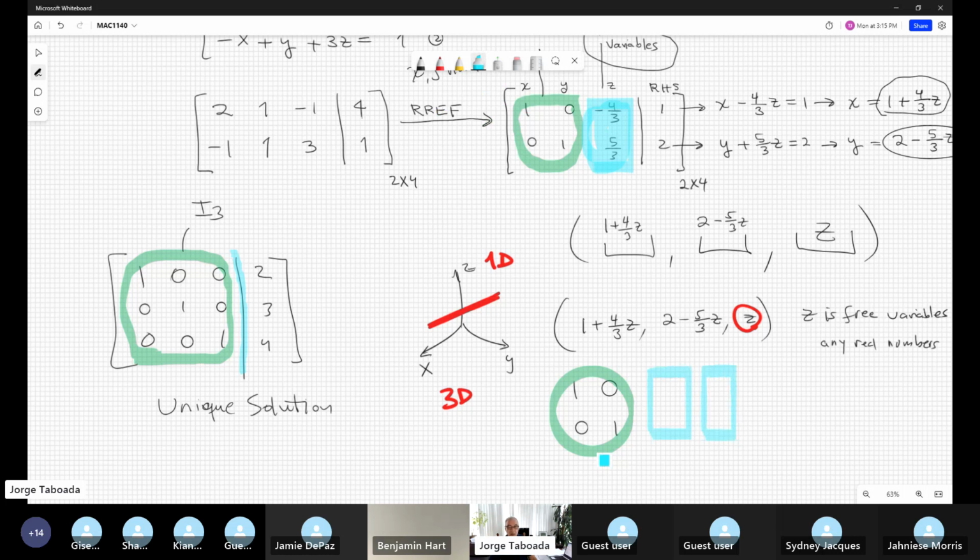This is X, this is Y, this is Z, and maybe this is W. So in this case, we have two free variables, Z and W. Of course, this solution lives in the four-dimensional context, however, having two free variables, it represents a hyperplane in the four-dimensional space. This idea is a little bit abstract.